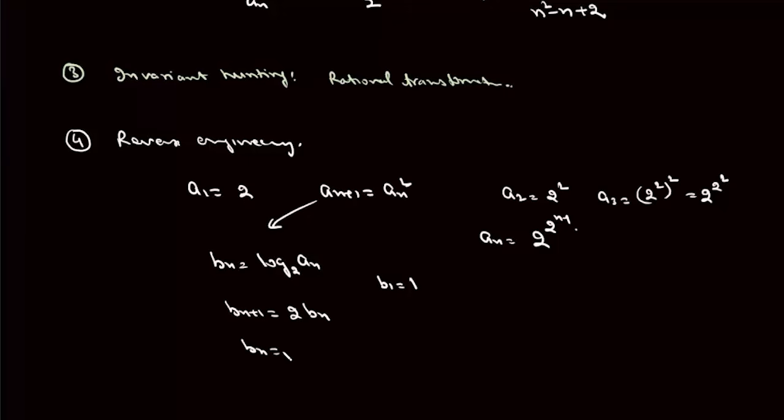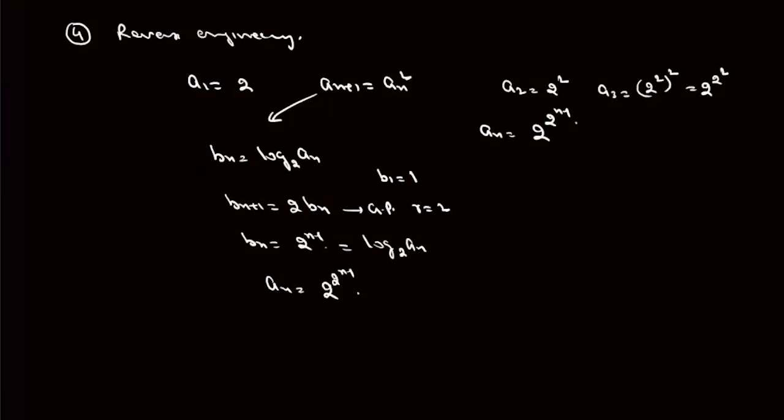So this b_n is nothing but a GP with common ratio 2. So this b_n will be 2 to the power of n minus 1. Now we can write b_n is log a_n base 2, or this a_n is simply 2 to the power of 2^(n-1). So in this, what we have done is we have taken log.